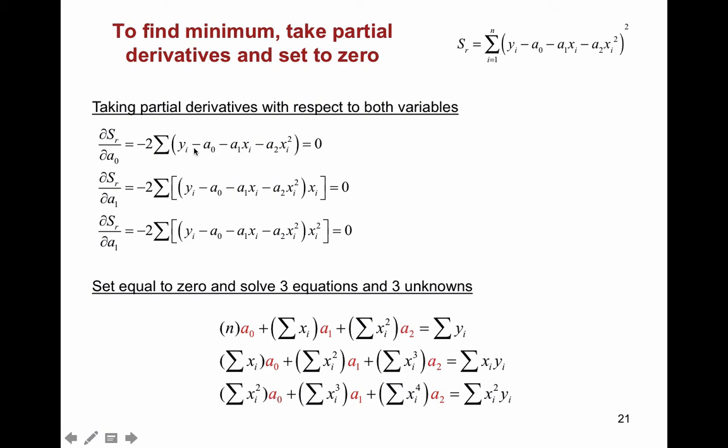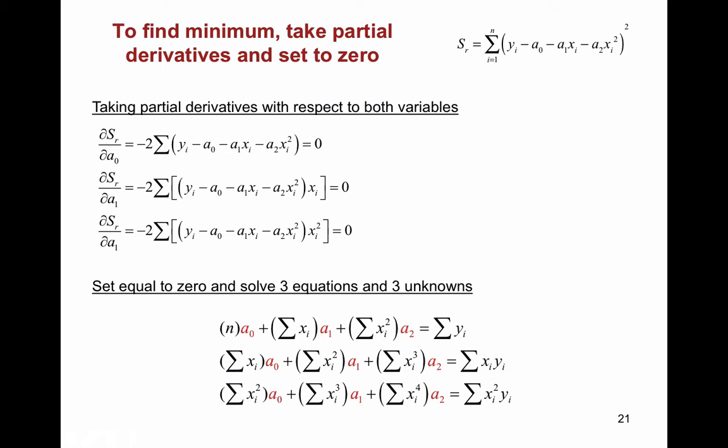So when you actually work that math through and sort it out, then we get a 3 by 3 system. Okay? And my unknowns are a0, a1, and a2. So it's again a bunch of sums. This is the portion that we had for the linear regression. Now I'm getting one more equation and one more unknown.